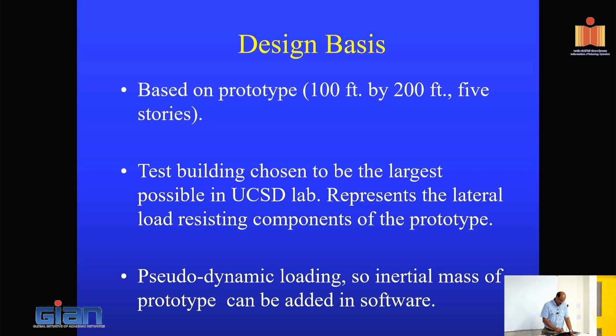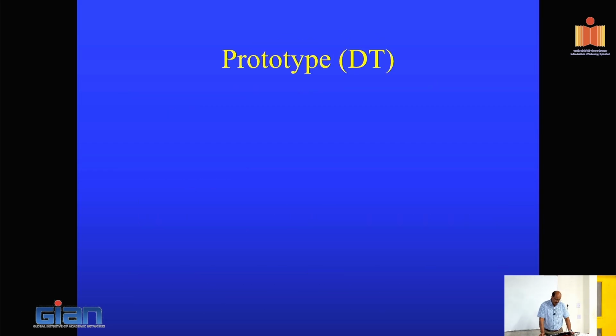Because of the large size, and the US at the time didn't have a large shake table, we decided to do this test using pseudodynamic testing, which is basically what is now known as hybrid testing, pretty much, right?